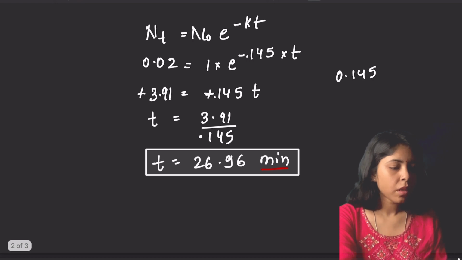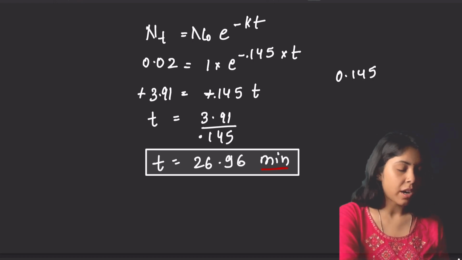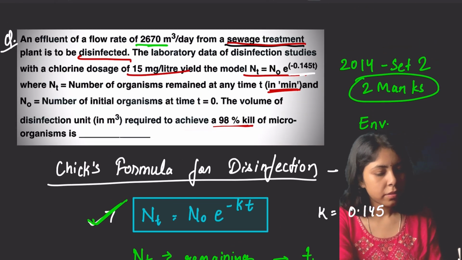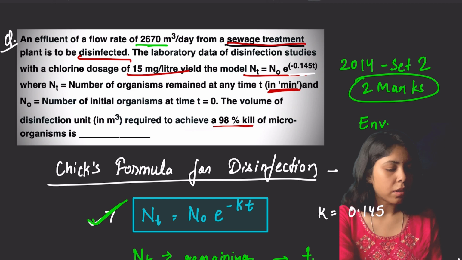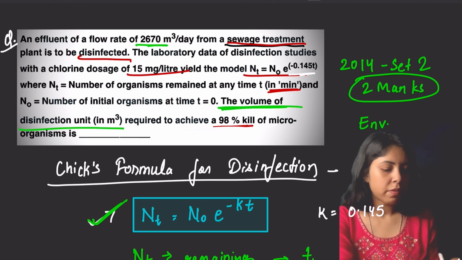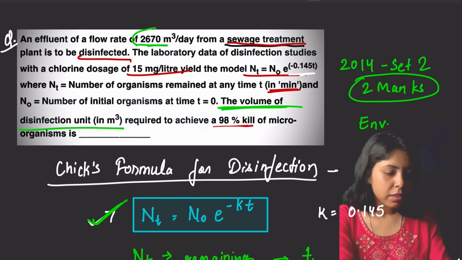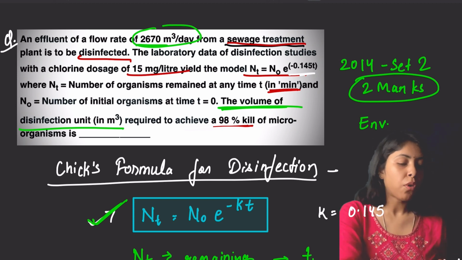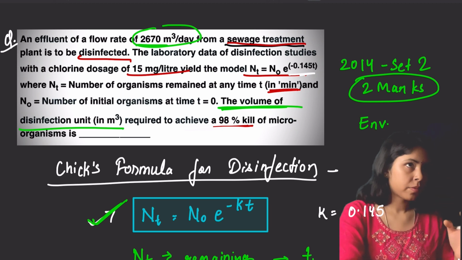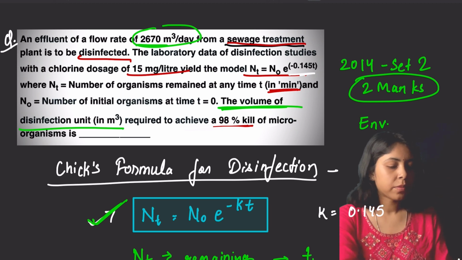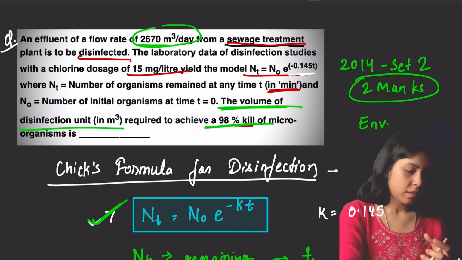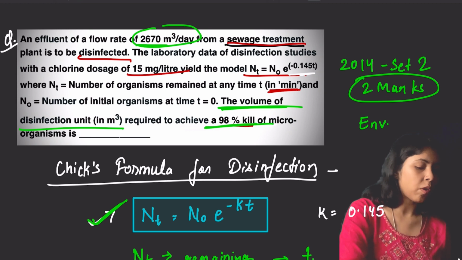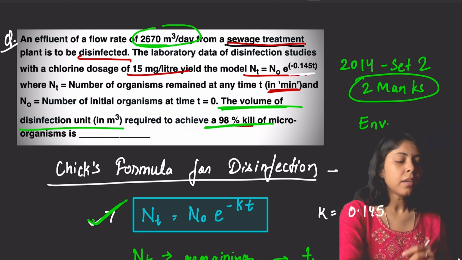Now we want to calculate the volume of the disinfection unit, and we have been given the discharge here, and now we have calculated the time also, that at what time it will be killing the 98% of microorganisms. So 98% microorganisms are killed in time 26.96 minutes.